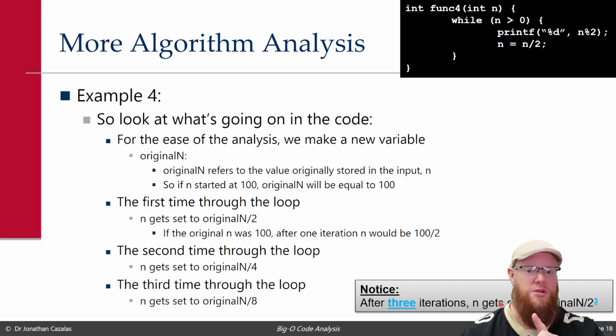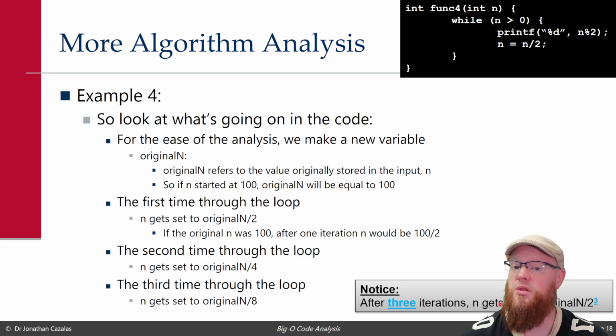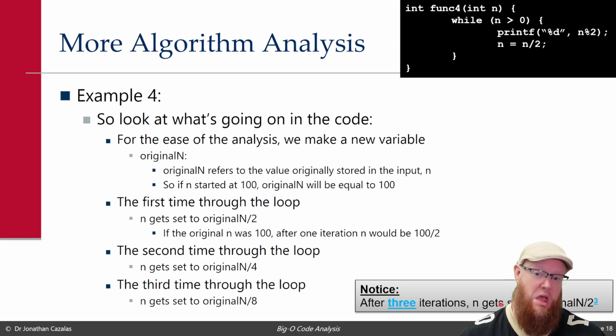After 4 iterations, n gets set to original n divided by 2 to the 4. After 8 iterations, original n divided by 2 to the 8. One more. How about after 17 iterations, n gets set to the original value of n divided by 2 to the 17.